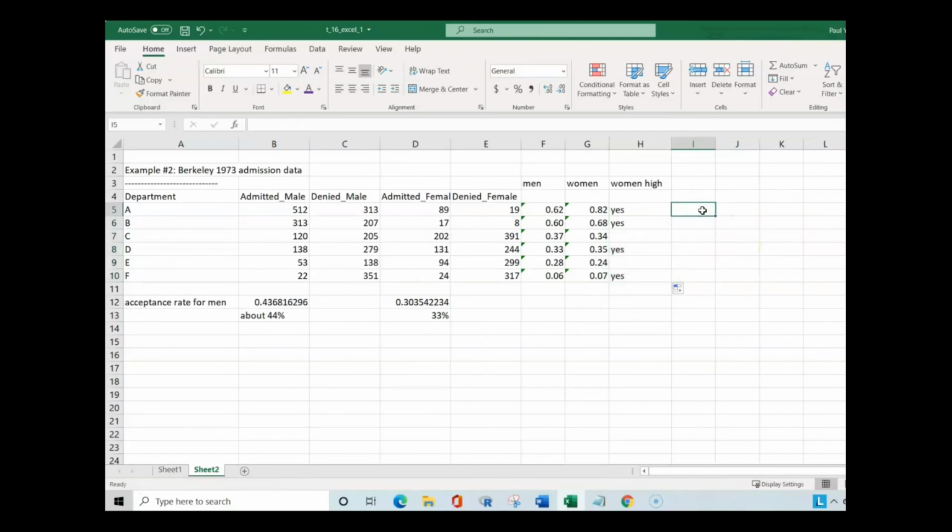Otherwise we enter nothing, so double quotation, nothing. And then we copy and paste. So based on this, on aggregate or detailed data, with 4 out of 6 departments, women have a higher acceptance rate.